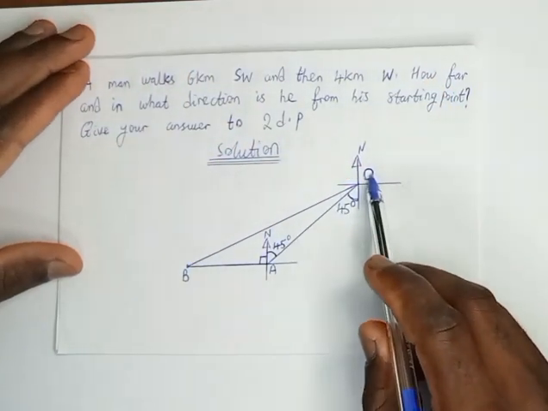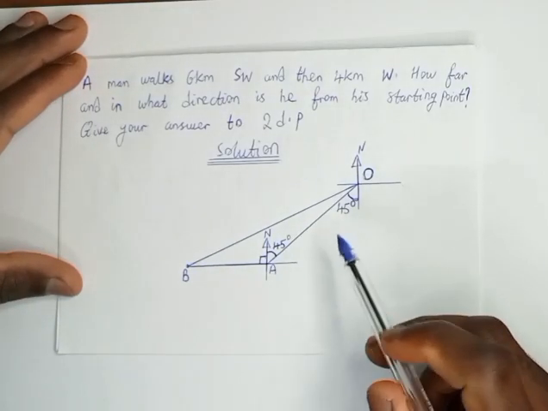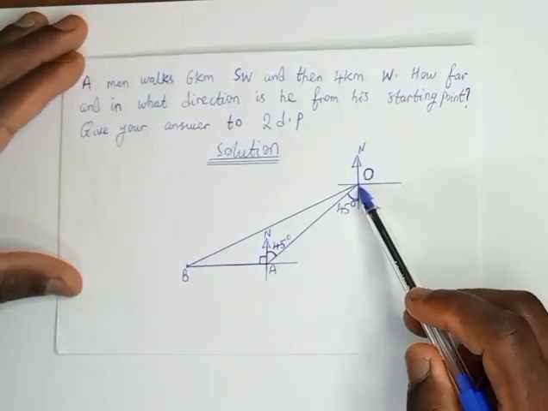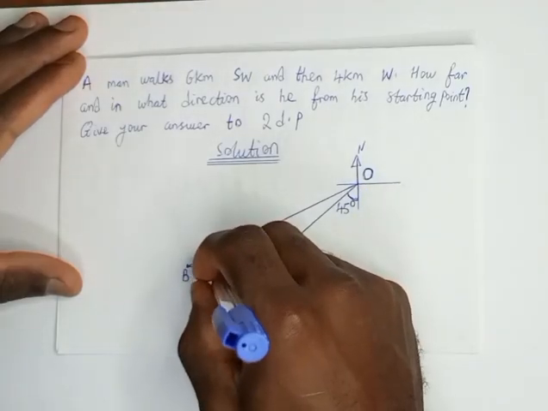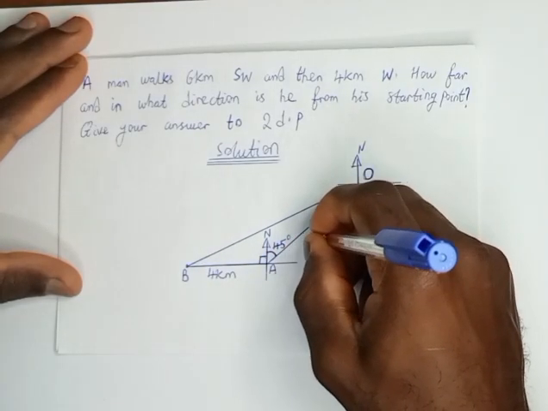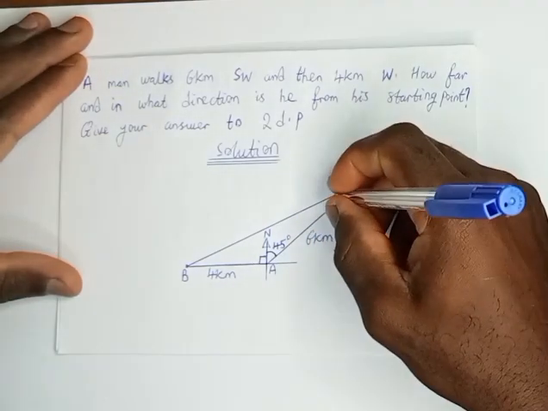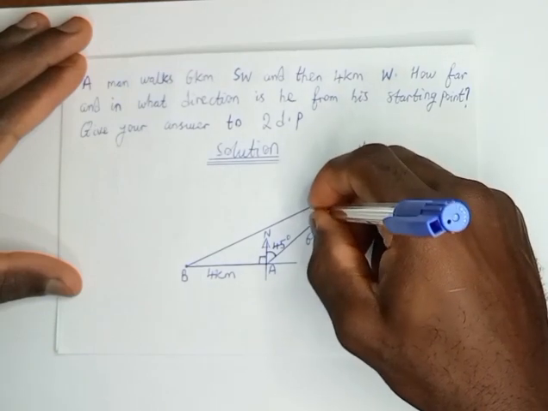If we find the distance OB, then we have succeeded in getting the distance the man is from his starting point, which is O. This is 4 kilometers. This is 6 kilometers. To get the man's direction, we need this angle. We are going to call this angle theta.